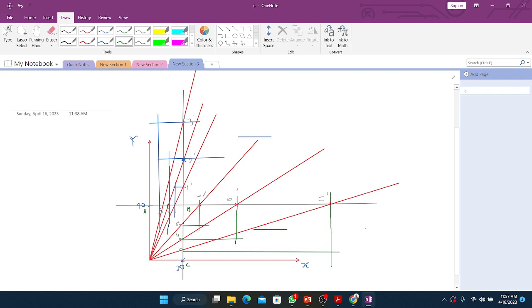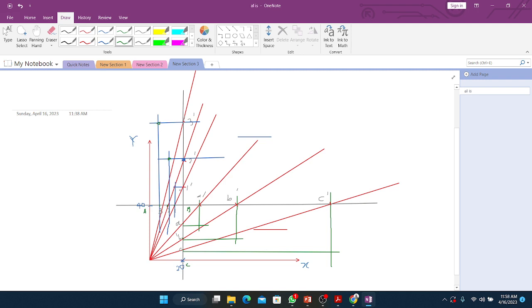After drawing these vertical lines, now you have the points on the hyperbola. These are our points of the hyperbola.